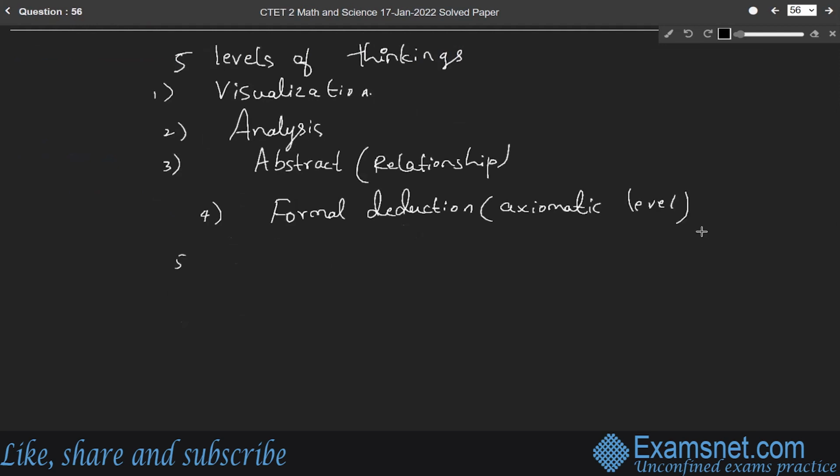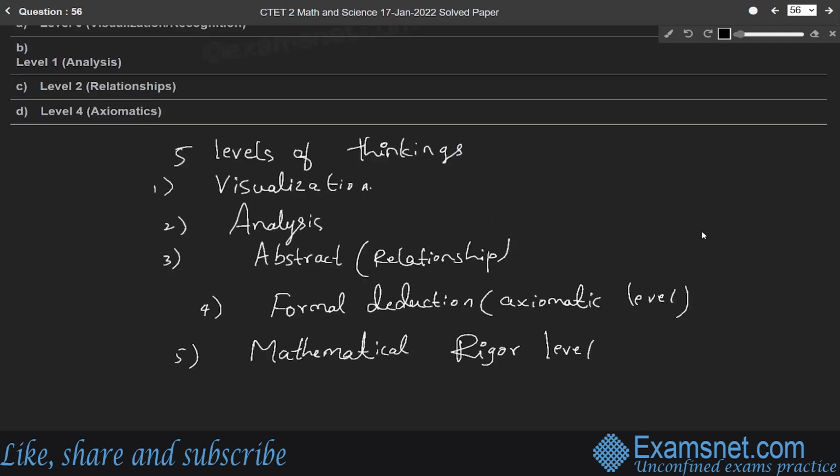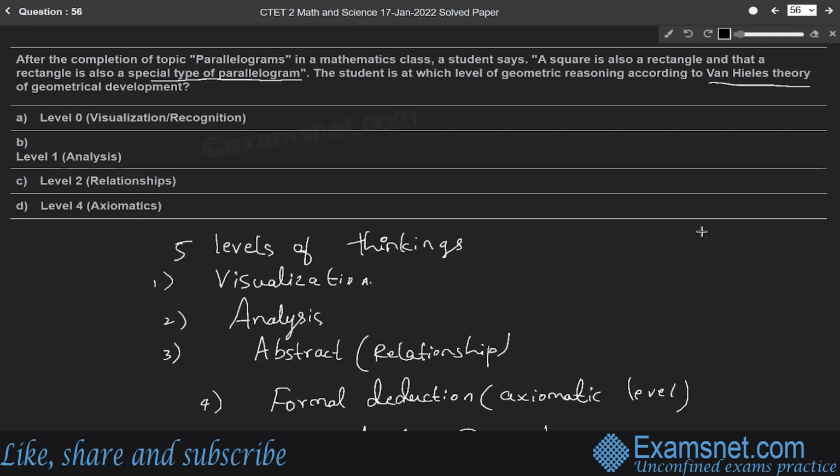And the fifth level is mathematical rigor level. So in the above example, the student is at the level of abstract or relationship level. So option C. In this level, the students can define a figure using a minimum set of properties, make formal arguments about different shapes, and deduce new properties. Therefore, option C is the right answer.